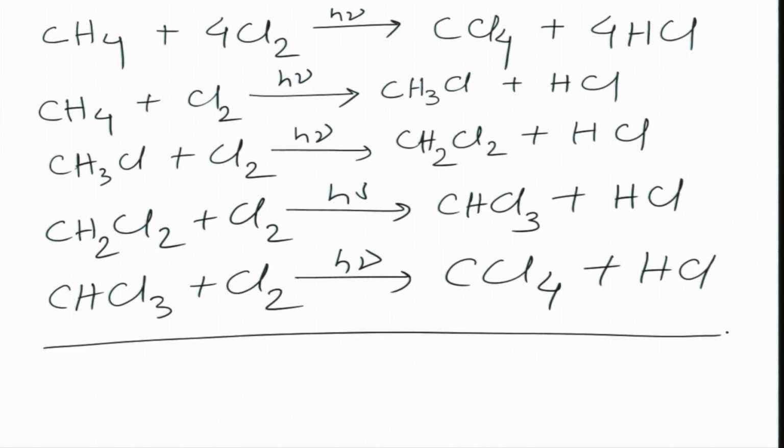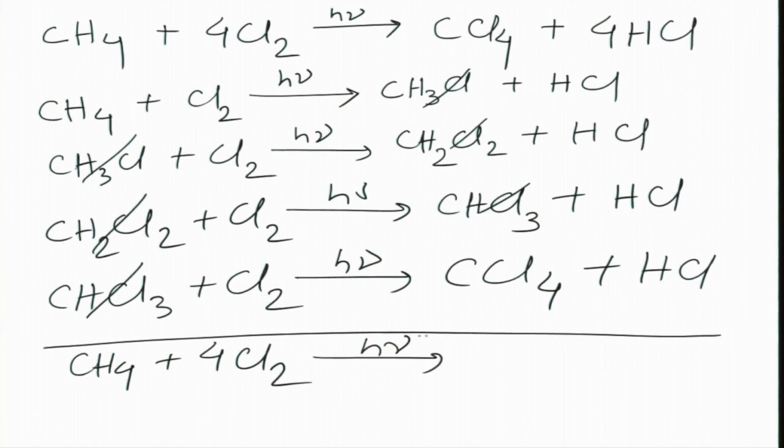So, if we cancel all these intermediate products, then we get this total reaction as CH4 plus 4Cl2 gives CCl4 plus 4HCl. Okay. Now, these reactions occur in free radical mechanism. So, we will see the mechanism now.